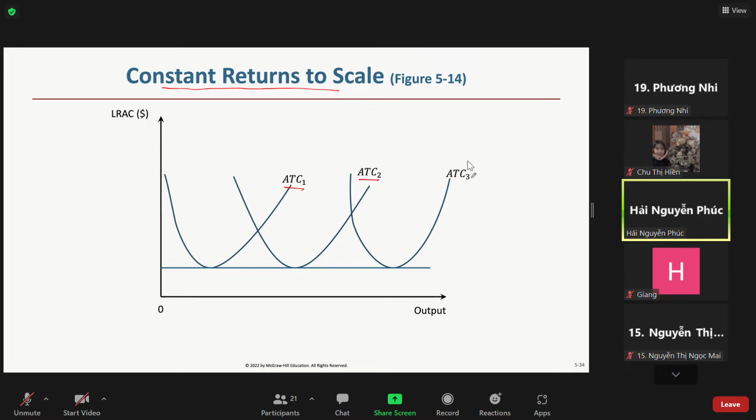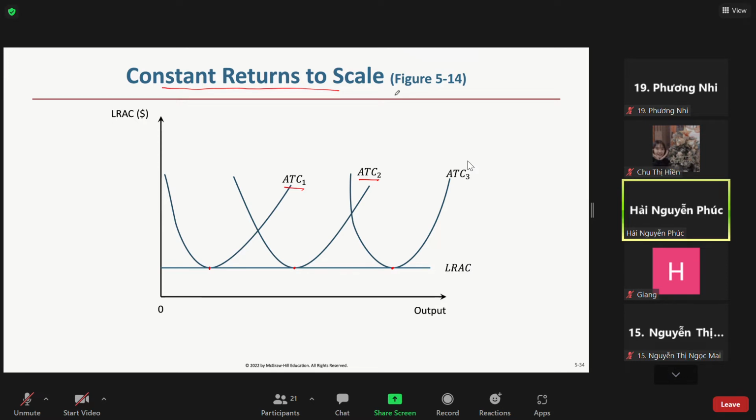And all of these three cost curves give us the same mean ATC. And it actually means that the long-run average cost curve will be a horizontal line. It is a horizontal line. And it tells us about constant return to scale.